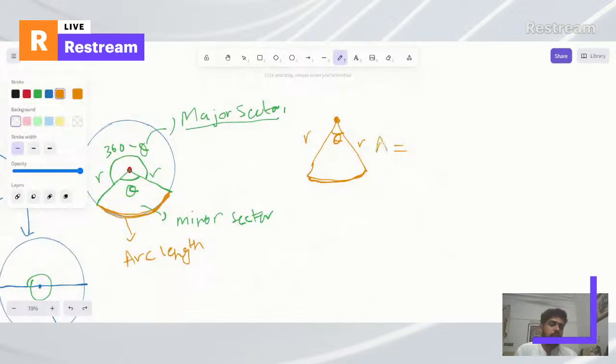The area of a sector is given by a special formula: theta divided by 360 multiplied by the area of a circle. What's the area of a circle? It's pi r square, right? So let's suppose an example. Let's suppose I have a sector like this.